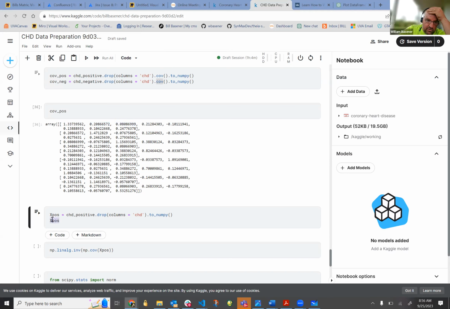Okay, so we're going to take this CHD positive data, drop the coronary heart disease column, turn it into a NumPy variable, and look at that.